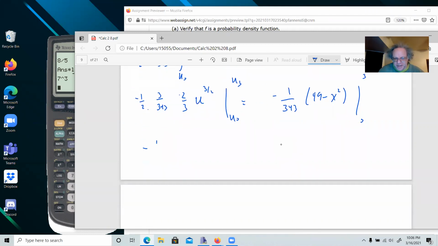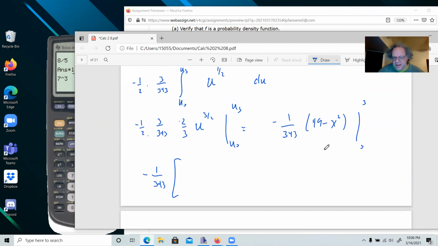Go ahead and do that. We have negative 1 over 343. Then we're going to have 49 minus 3 squared raised to the 3/2 power, minus 49 minus 0 raised to the 3/2 power. That's just doing everything straight.